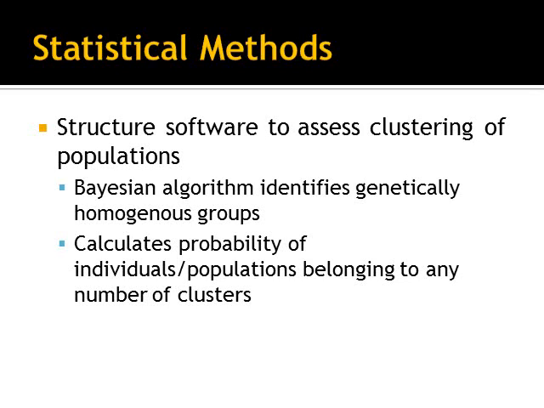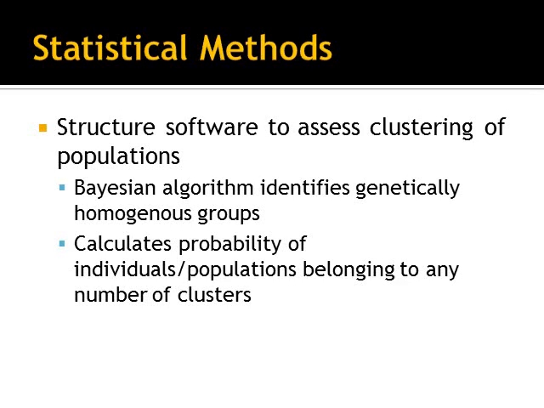And the statistical method we use to assess structuring across the landscape is a software program called Structure. And Structure just employs a Bayesian algorithm that allows you to identify groups of genetically homogeneous individuals based on a multi-locus data set. And it just calculates a probability of individuals and populations belonging to any number of clusters.